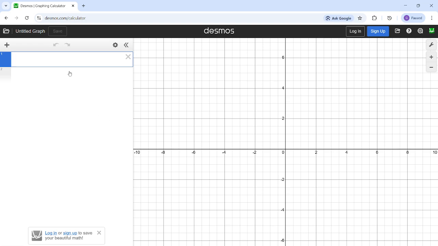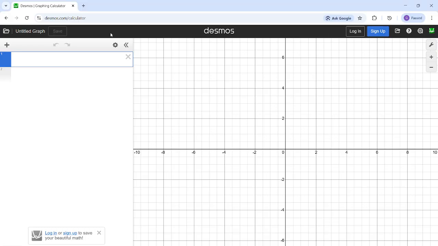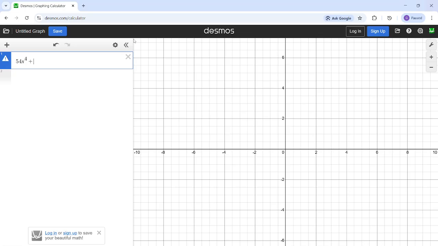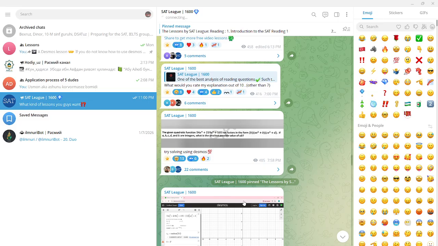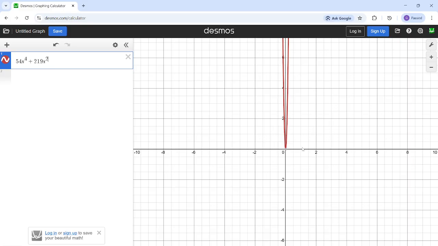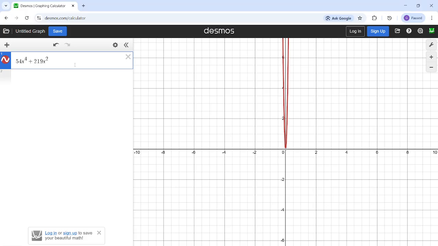Now, let me just write the question down first. 54x to the power of 4 plus 219x squared plus 105. And this is equal to what?